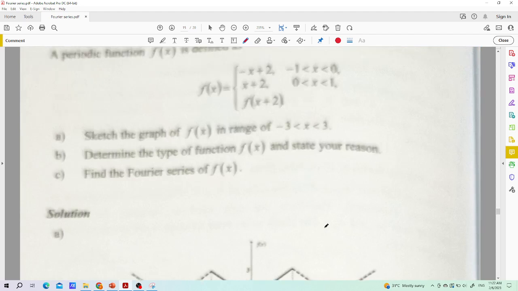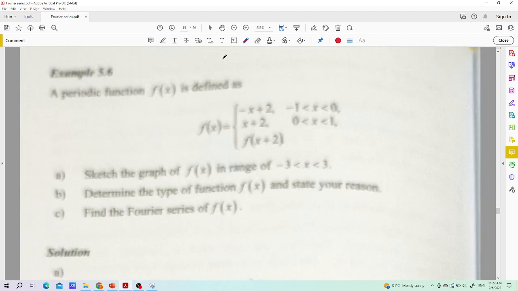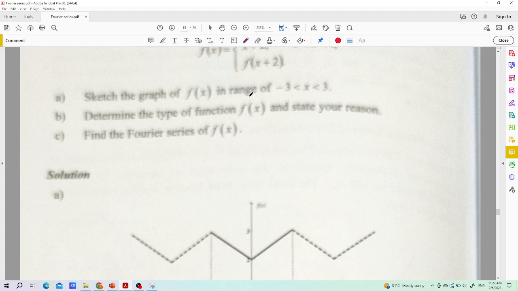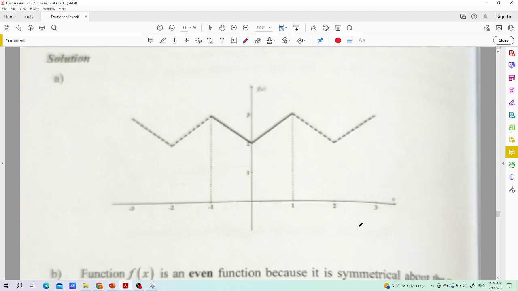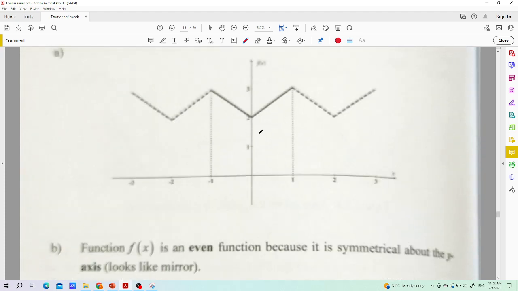Okay, from here, once we plot the graph, we determine the type of function, and then give your reason why you say it is even or odd. There are 3 reasons that you can give. You put negative x inside f(x), and then you sketch the graph.